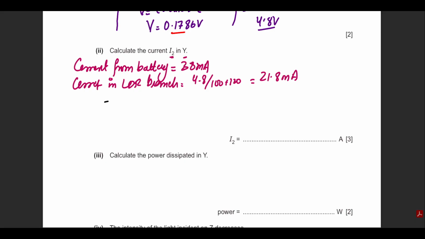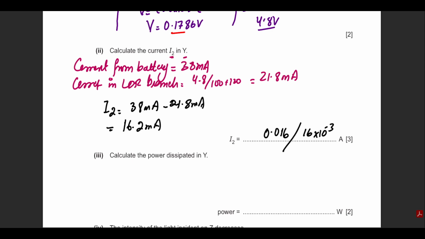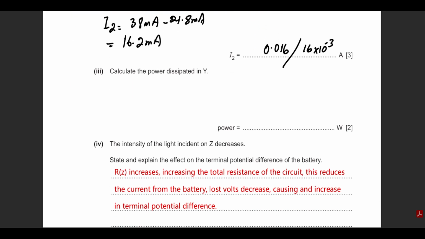So I2 will be equal to 38 milliamps minus 21.8 milliamps, which is 16.2 milliamperes, which they have written down as 0.016. That's acceptable, or 16 into 10 raised to power minus 3 amps. That is also acceptable.